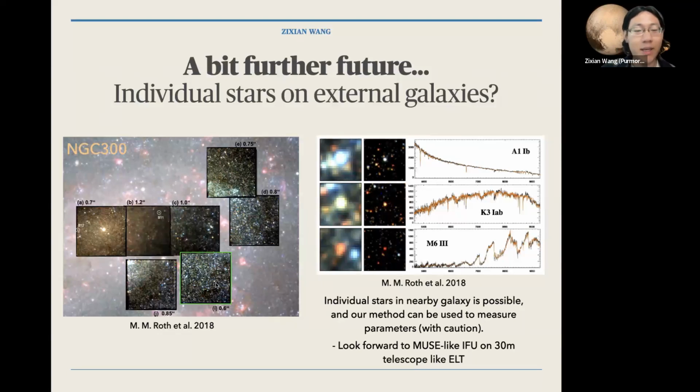So I can also use my method to see if I can measure stellar parameters or maybe chemical abundances from external galaxies. I think Martin Roth in his 2018 paper addressed this question, because for one field with seeing of 0.6 arcsec, he showed 3 stellar spectra of this galaxy.